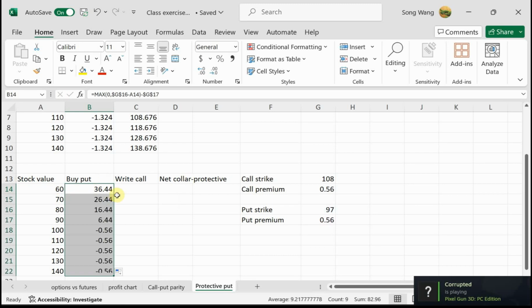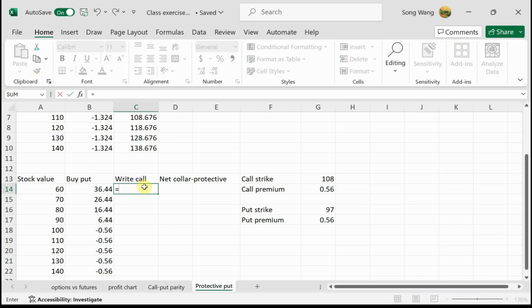Okay, and if you short a call, you will need to collect the premium, no matter what, just like the call option buyer needs to pay the premium. So the easiest way to calculate is to get the negative of the profit for the call option buyer.